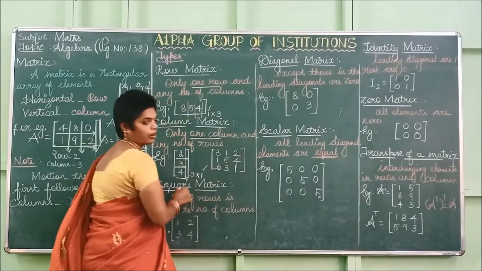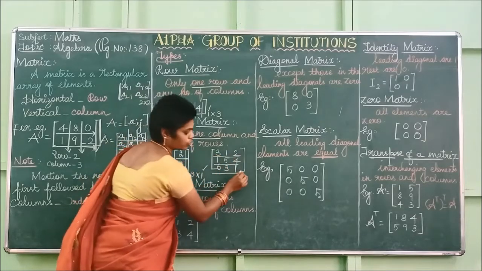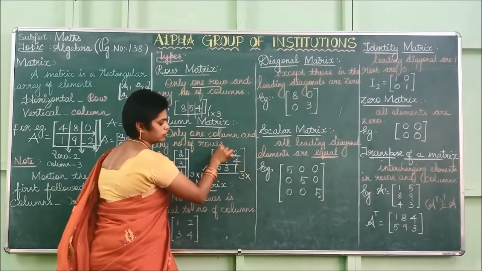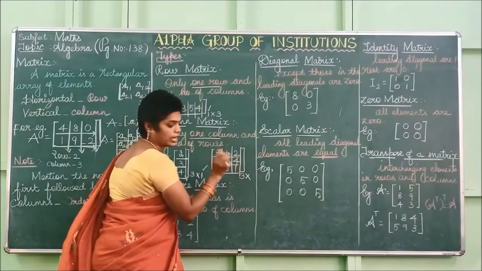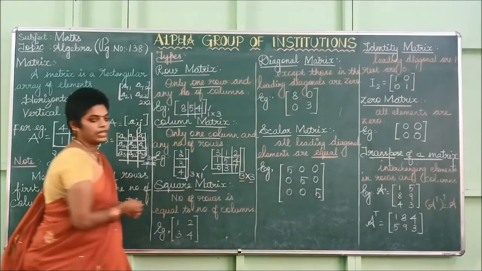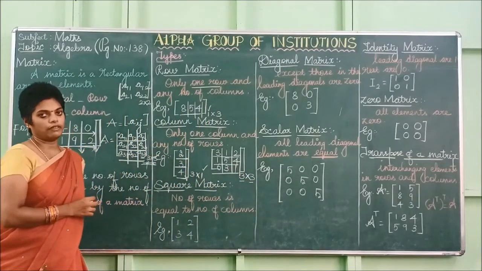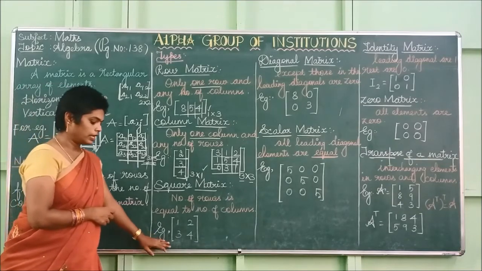This is of order 3 rows and 3 columns. When the number of rows and columns are equal, that is called a square matrix. So listen to this example.